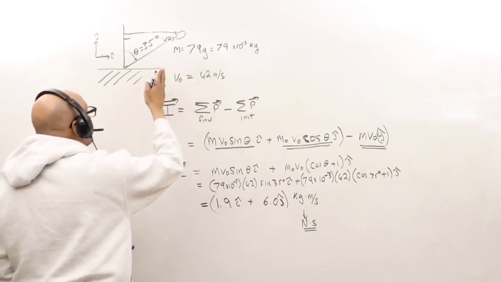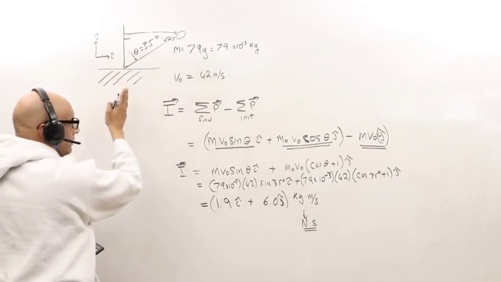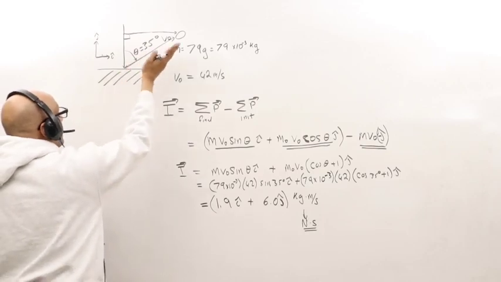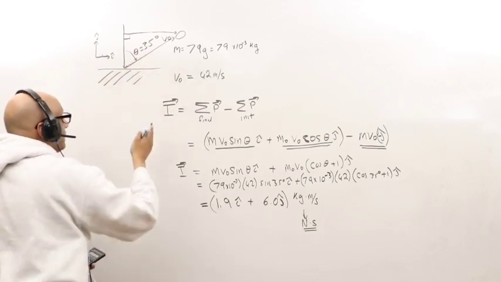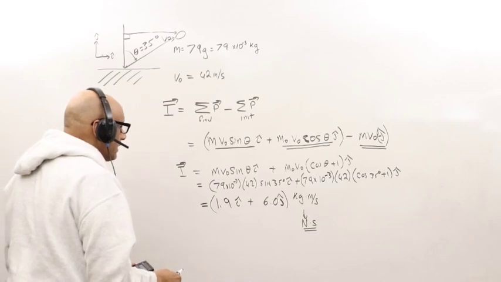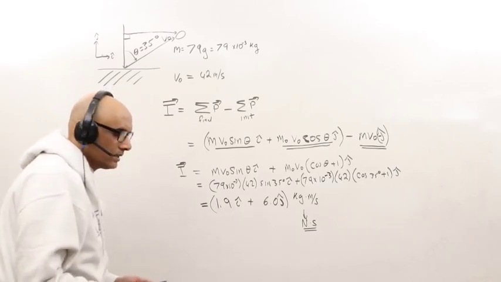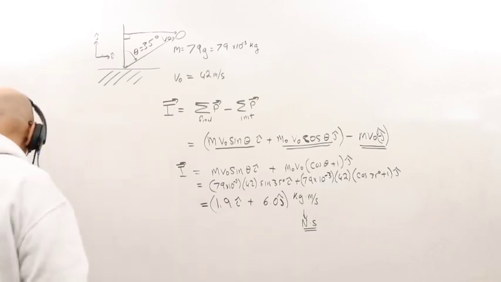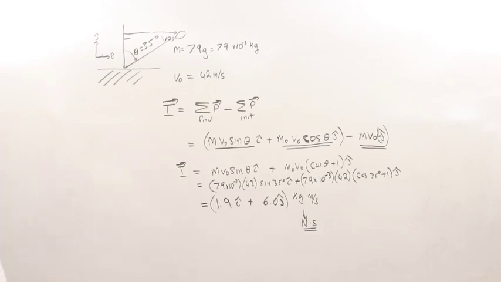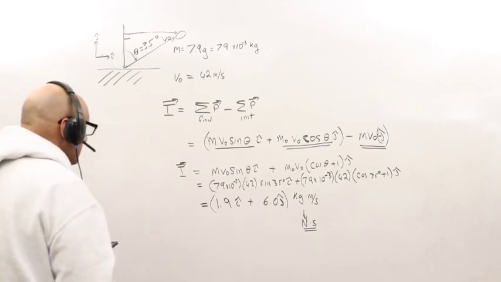So the force is acting on a diagonal. Okay, so the next step is that we need to calculate the time delta t.